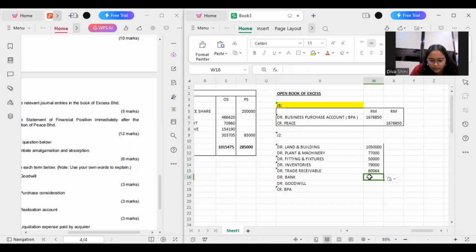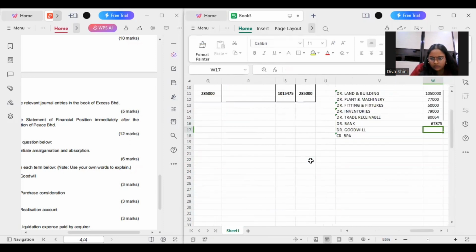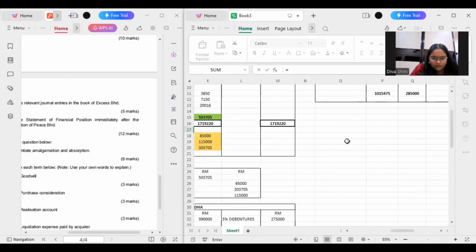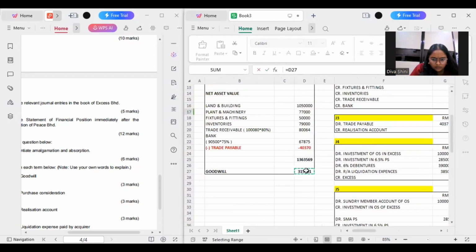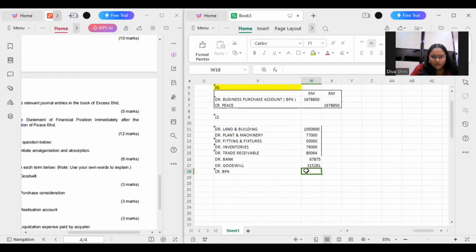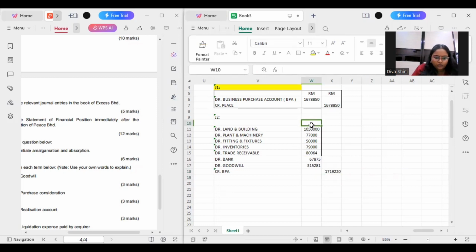So bank will be 67,875, and the goodwill is, this is the goodwill amount, and we need to plus everything. 1,719,220, journal 2.